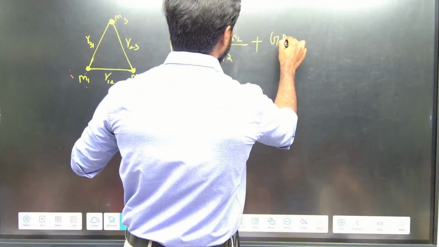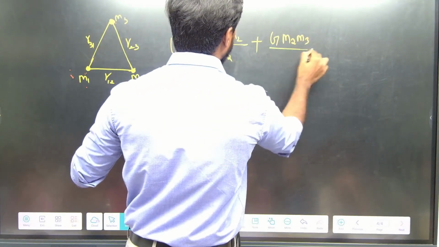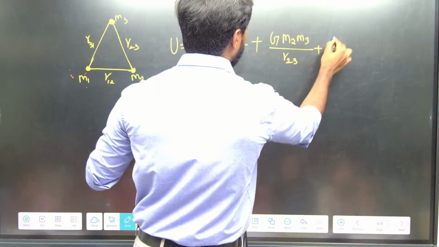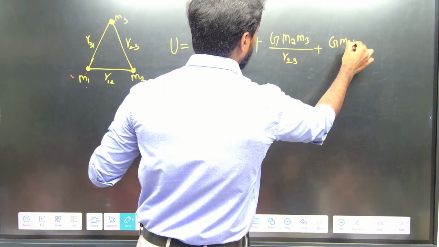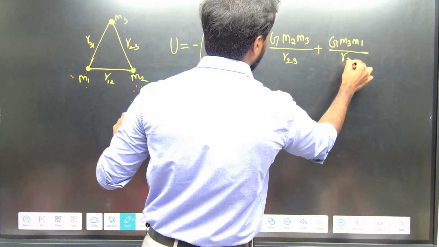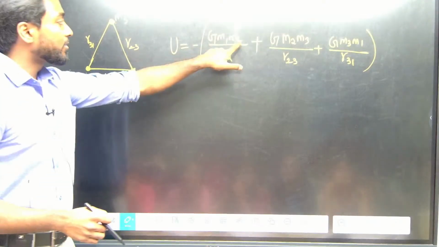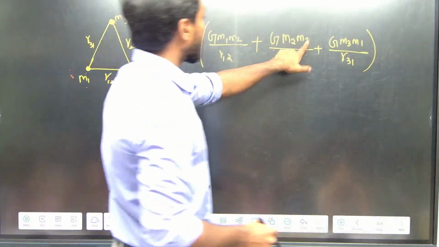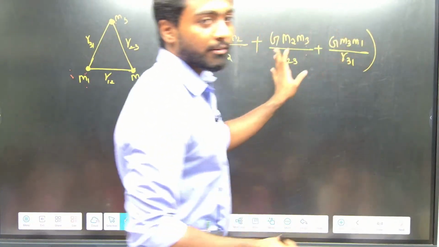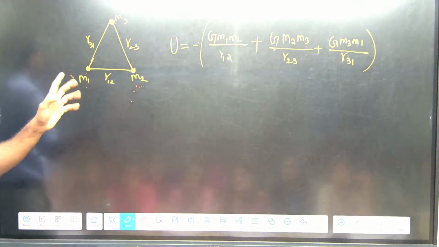So G m2 m3 by r23 plus G m3 m1 by r31. Is there any other thing? 1 2 is there, 2 1 is there, 2 3 is there, 3 2 is there, 3 1 is there, 1 3 is there. Is there any other thing?